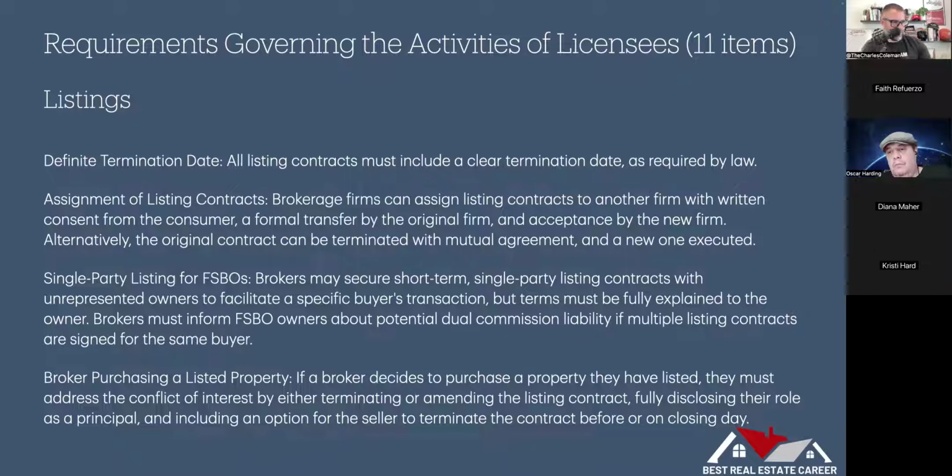And also, if that deal falls apart, and the buyer and the seller don't end up buying and selling together, you no longer have anything to do with the listing. I think it's interesting when you read it, it's probably a little bit harder to understand, but when you hear it, you're like, that totally makes sense. I never represented the seller to begin with. So a single party listing means that I represented the buyer. They loved a for sale by owner that they found probably on Zillow.